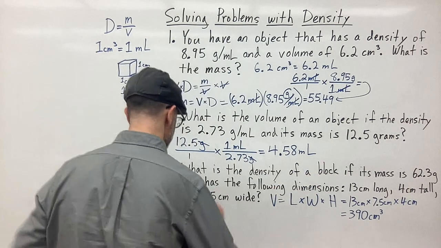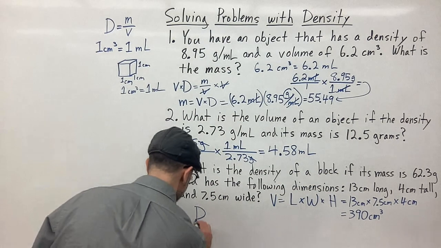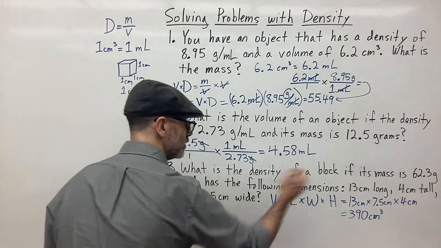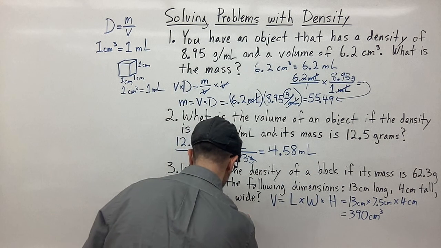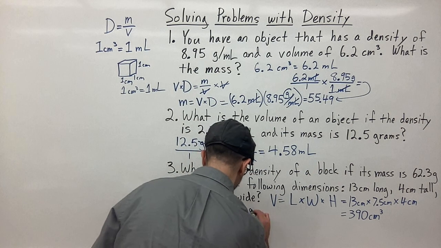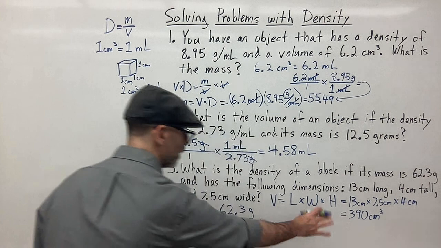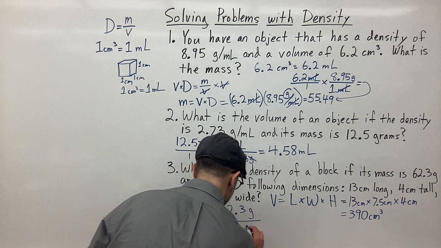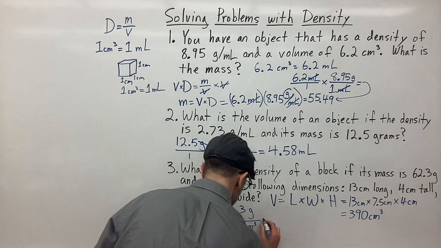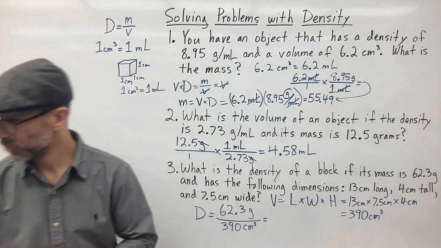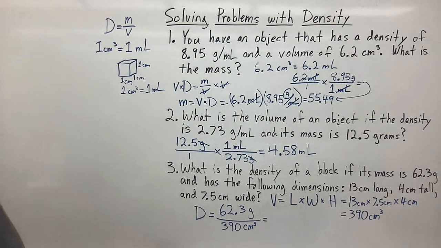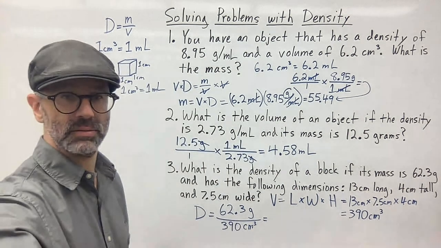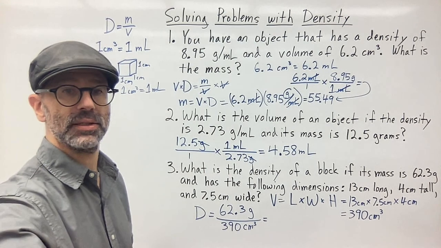And so now we have the mass. So here we can just take density is equal to the mass, which is 62.3 grams, divided by the volume, which is 390 centimeters cubed. And then when we calculate that, what do we get?